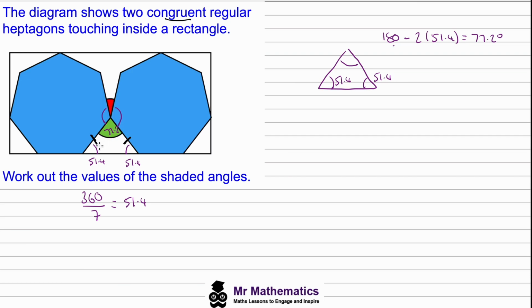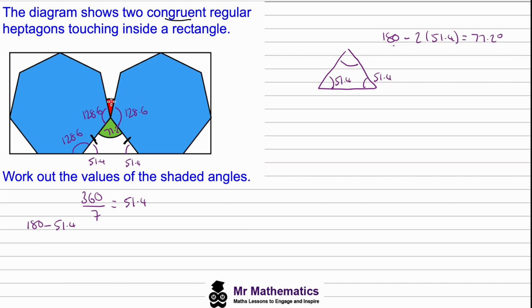But we can do this because we can work out this angle. And these are the same. And these two add together to make a straight line. So this interior angle will be 180, take away the 51.4, which gives us 128.6. So each of these are 128.6.